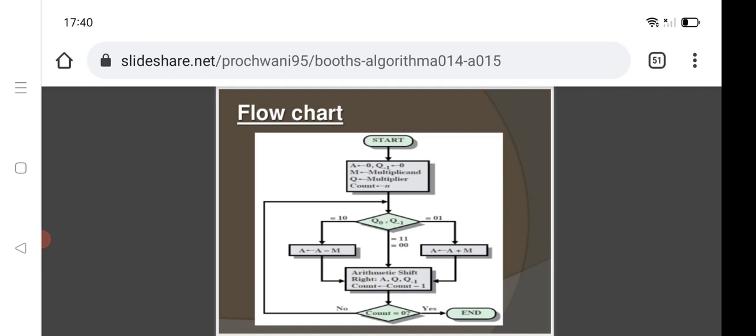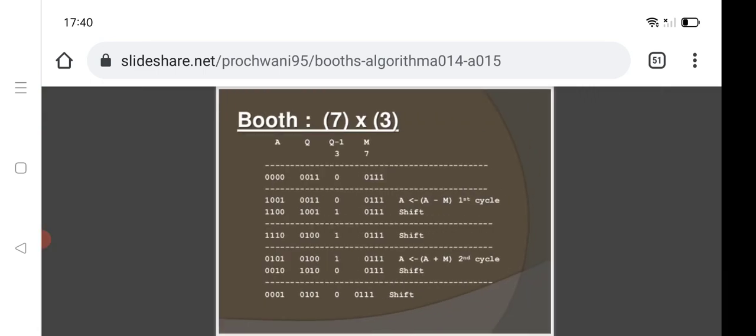This is the flow chart of Booth's multiplication. Let us take one small example. I need to perform the multiplication between 7 and 3. So what happens here? Your multiplicand M is nothing but 7, and your Q register will be loaded with 3. If you see the first step here, what is it?